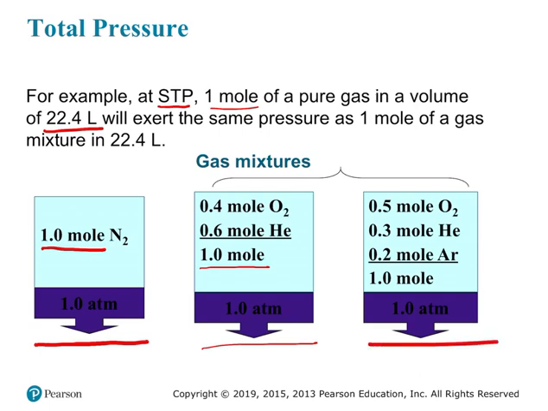And we can see that in this mixture with 3 gases. We have 0.5 moles of oxygen, 0.3 moles of helium, and 0.2 moles of argon, and it all adds up to 1 mole. So it's going to still exert that same pressure of 1 atmosphere.